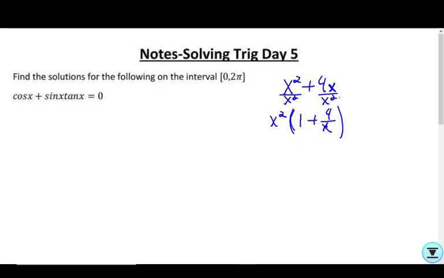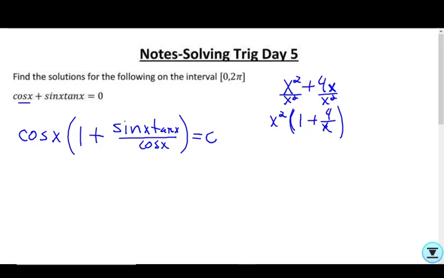That is a way of factoring that helps us out and makes things easier. So on this problem today, I'm going to factor out cosine. I'm going to force factor this, and cosine gives me 1 plus sine x tangent x over cosine x equals 0. So basically I've force factored out a cosine.